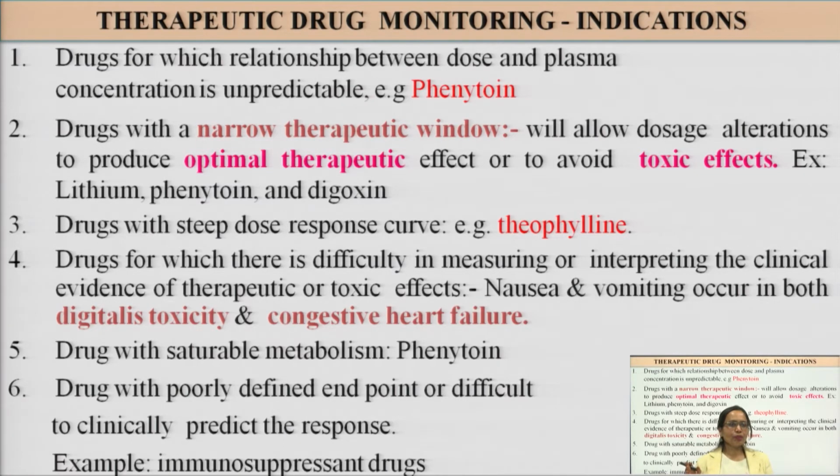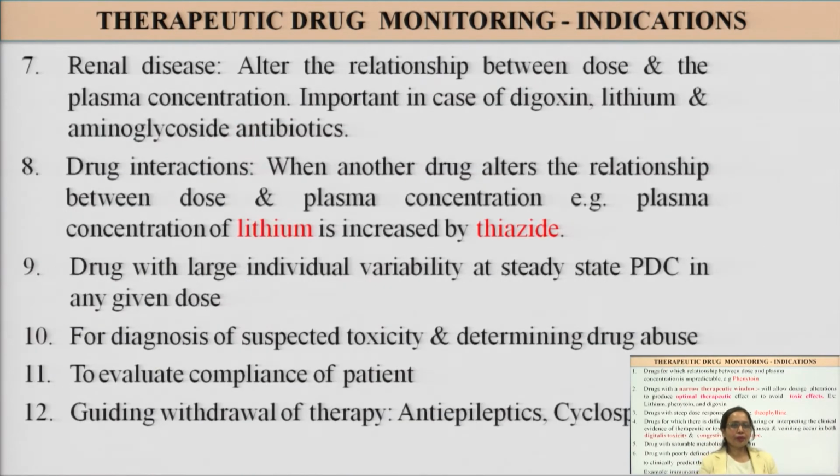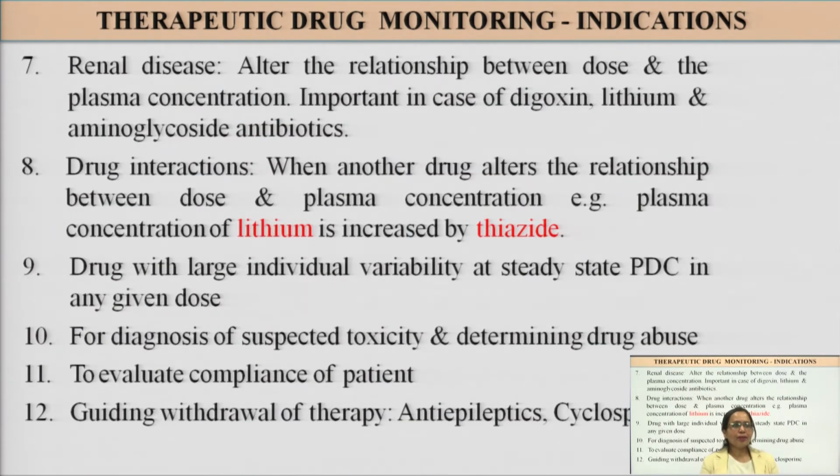If predicting the response clinically is difficult, then also therapeutic drug monitoring is essential. And in renal diseases, which alter the relationship between dose and plasma concentration, it is important in the case of digoxin, lithium and aminoglycoside antibiotics.